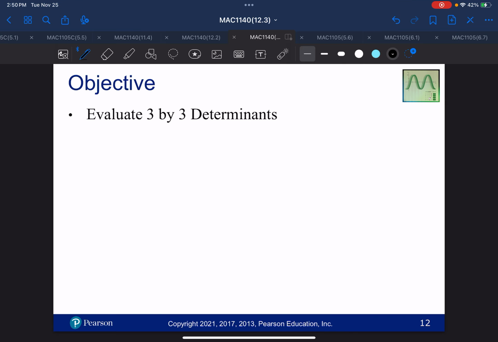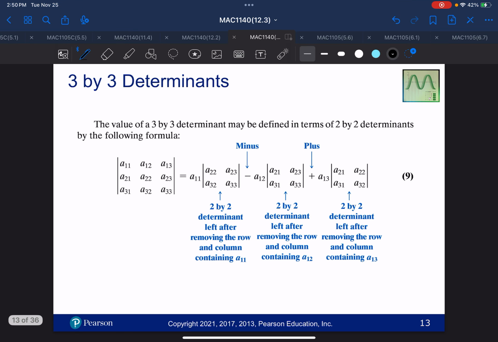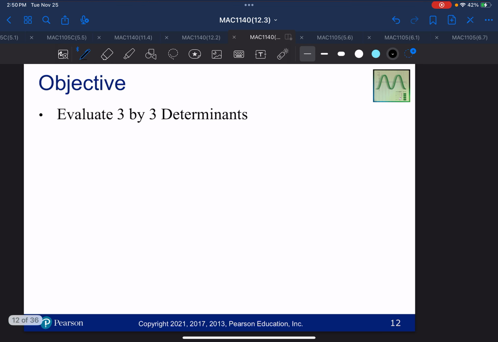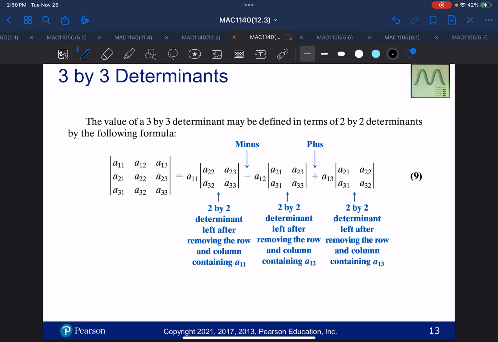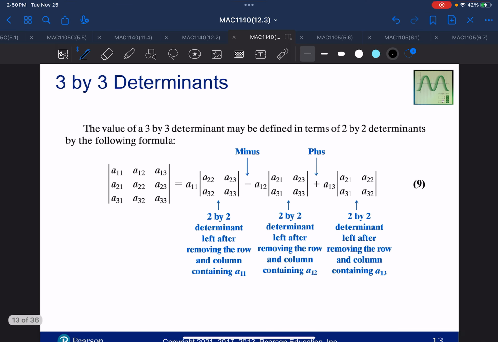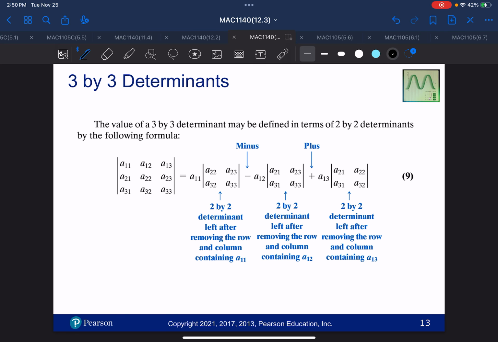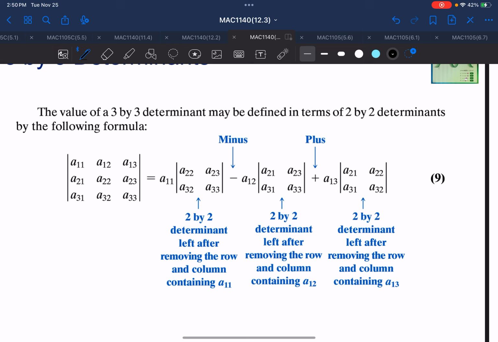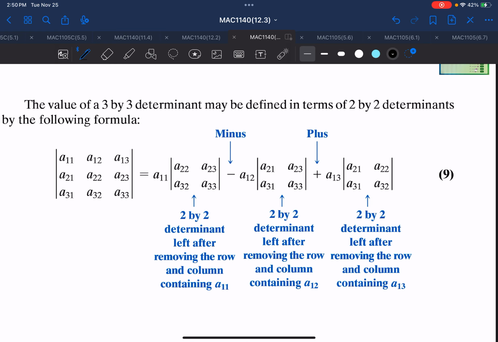All right, so far we have only learned how to find the determinant of a 2 by 2 matrix, and now we're going to talk about how to find the determinant of a 3 by 3 matrix. Okay, so this is the notation here, and I'm going to spell this out.